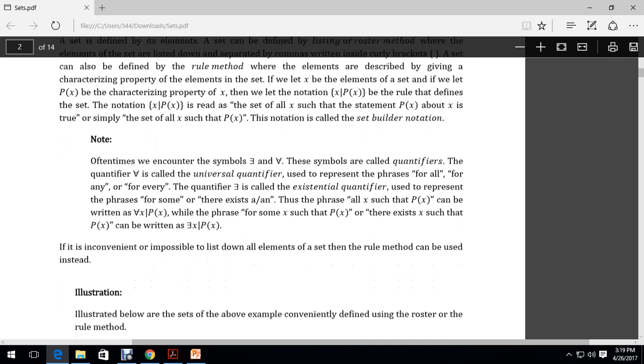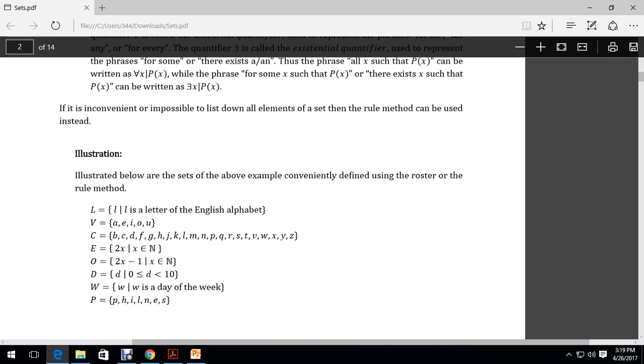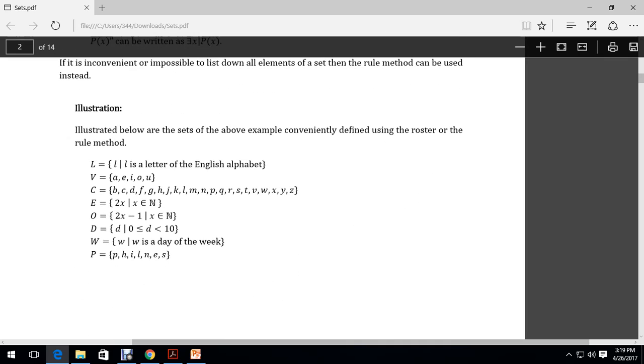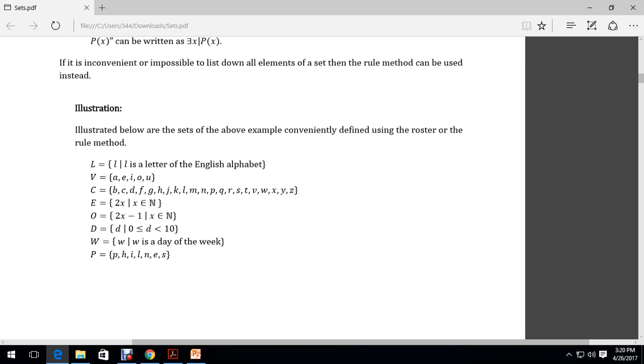Now let's try to apply this using the set of examples that was presented earlier. Okay, so for example, if we let the first set L, defined earlier as the set of all letters in the English alphabet, if we're going to use the rule method for L, then we can write the rule such as small letter l, or all l such that l is a letter of the English alphabet.